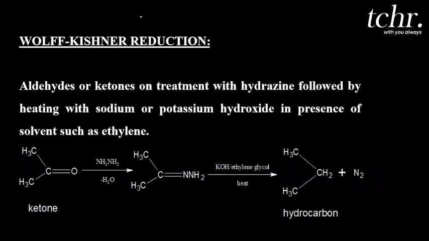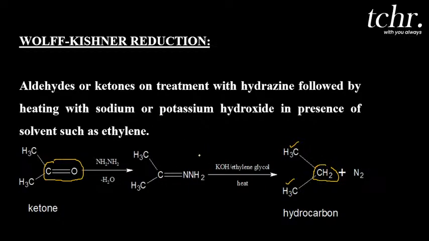If you observe the example that I have displayed, here also the ketone is taken, that is C double bond O, and the carbonyl group is converted to CH2. Here, the two alkyl groups remain as such, they remain the same. The C double bond O group is converted to CH2, a hydrocarbon.